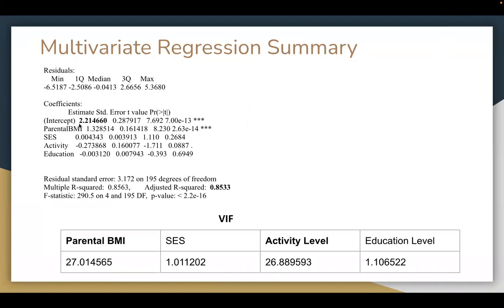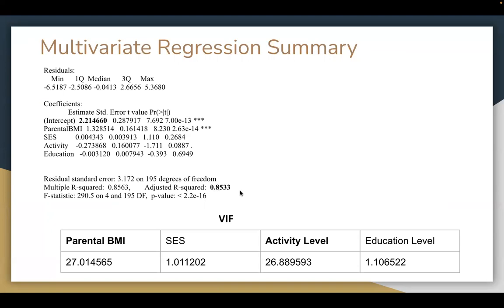We'll just start off with the intercept. We've noticed that the intercept changed very slightly. It was about 2.18. Now it's about 2.21, so it's just a slight increase in our intercept. And the adjusted R-squared down here also changed slightly. It was about 0.852. Now it's about 0.853, so it's increased a little bit.